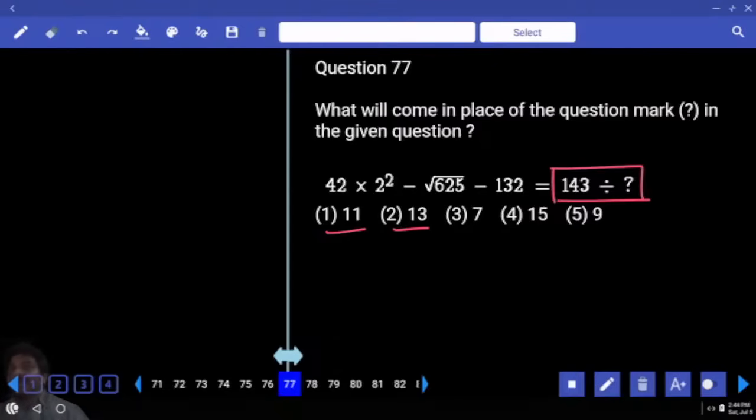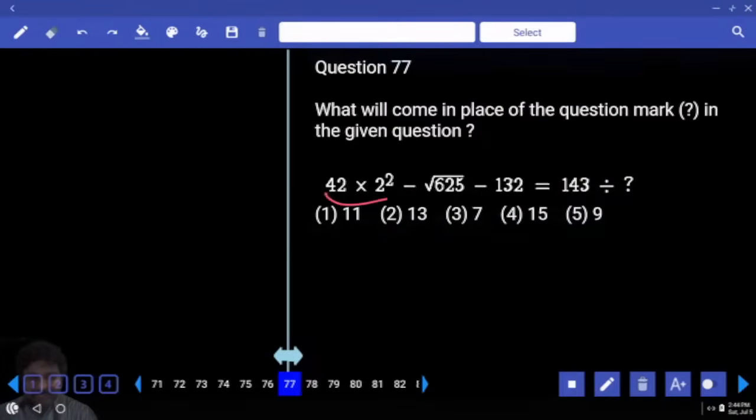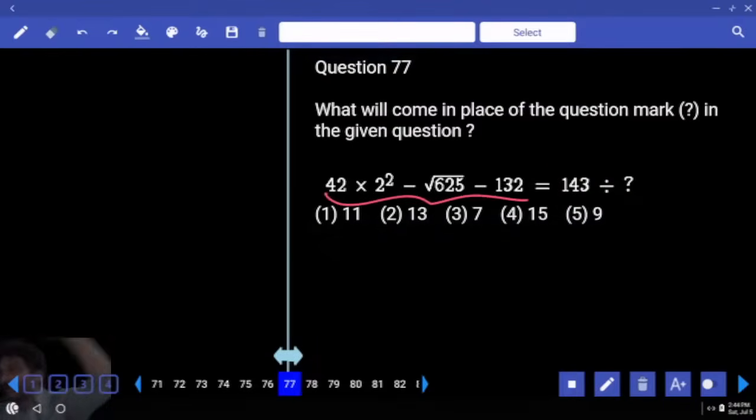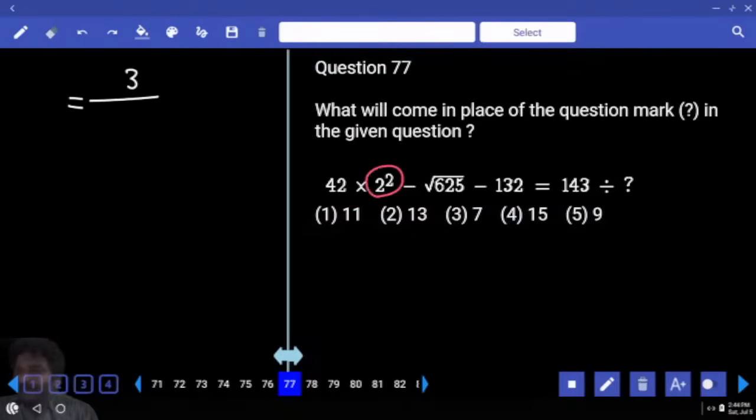So now I would like to identify only the last digit. Take x2 left hand side numerator. This entire number goes to right hand side denominator. Agreed or not? Right hand side you have 143. We want to identify only the last digit, so I am writing 3. Are you okay? Right. 2 square.